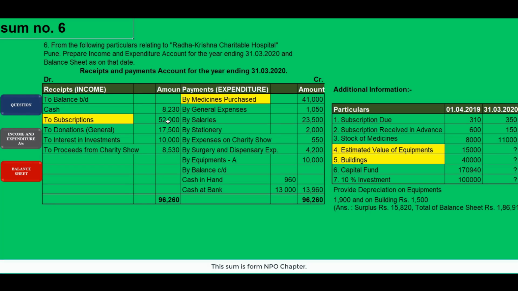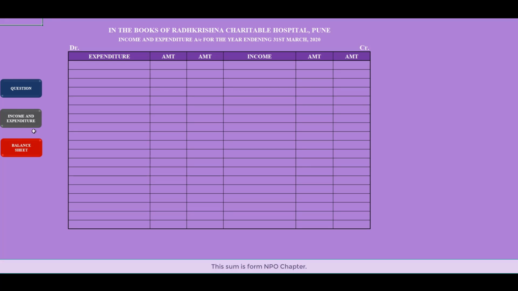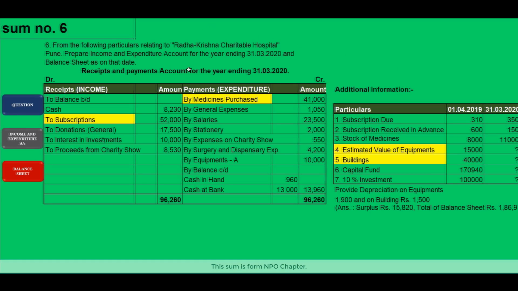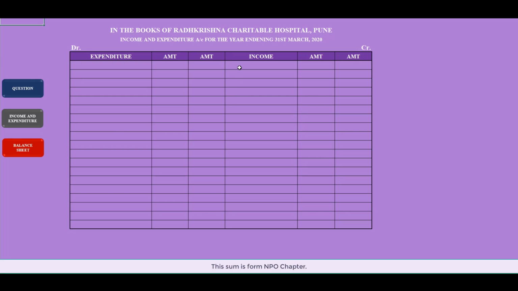Subscription 52,000 will be recorded in the inner column.